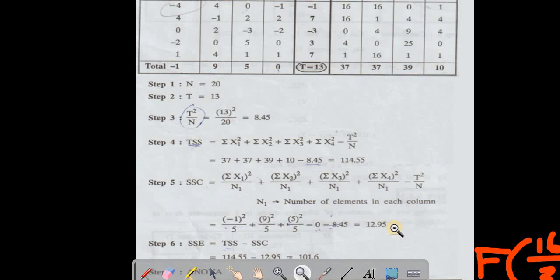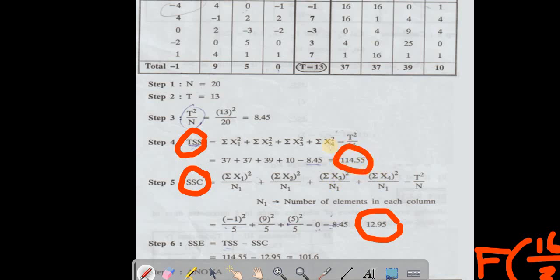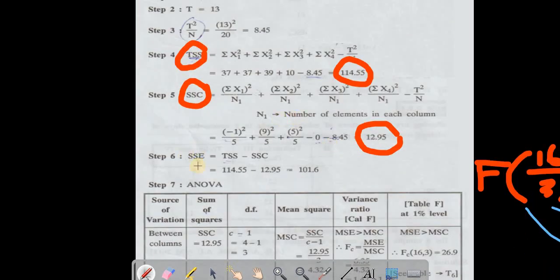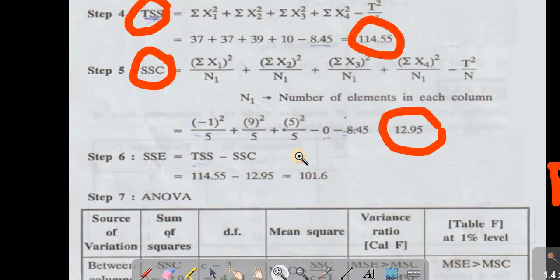Okay, so we have to note that SSC is equal to 12.95 and TSS is equal to 114.55. Now what is SSE? SSE equals TSS minus SSC.